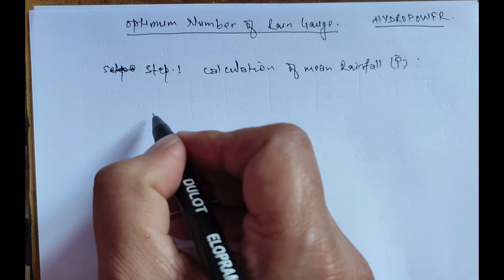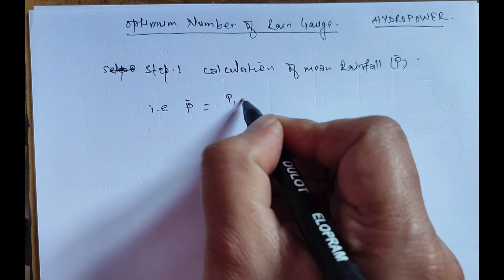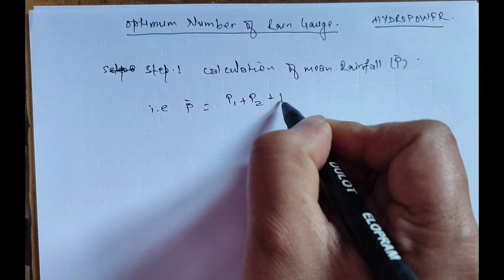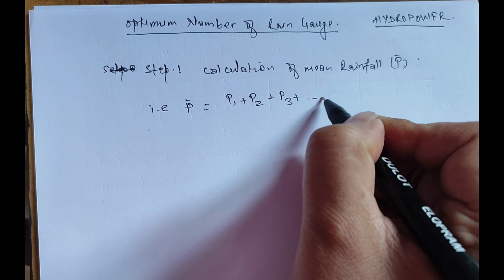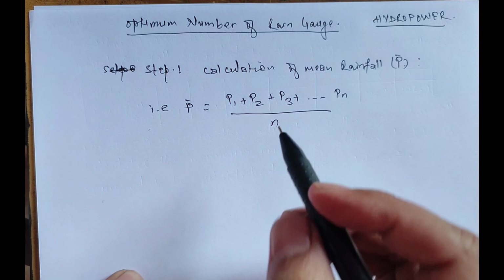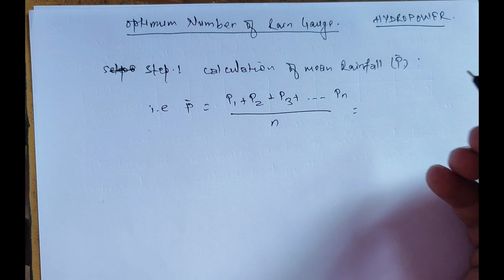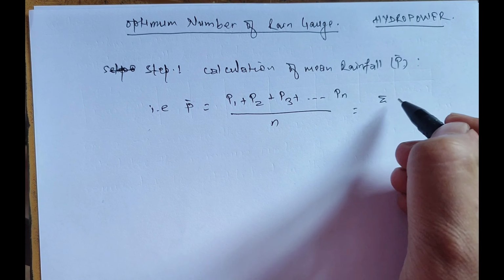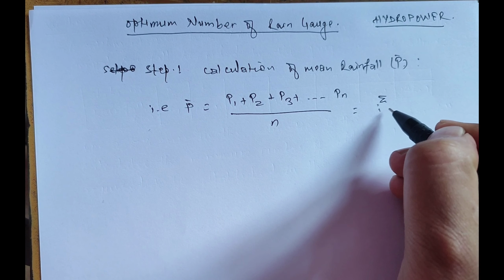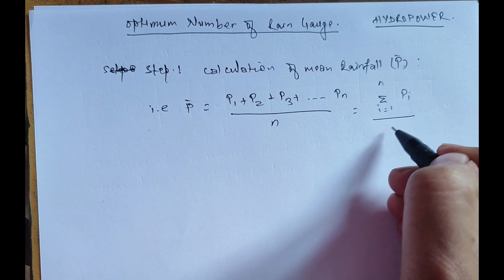The calculation formula is P bar equals P1 plus P2 plus P3 plus up to PN, divided by N. P1, P2, P3 mean the rainfall at point 1, point 2 and up to point N. It can be written as summation I equals 1 to N of Pi, divided by N.